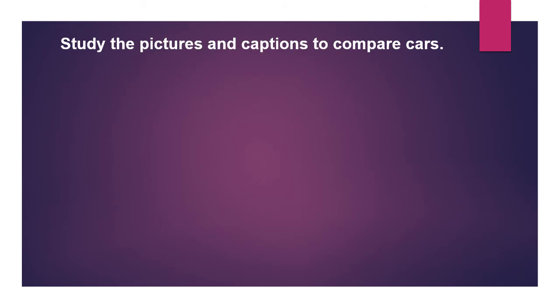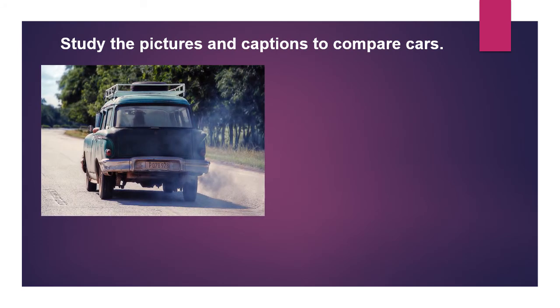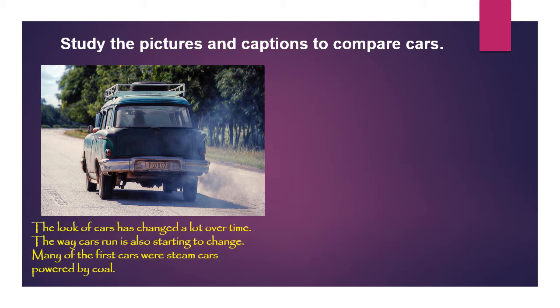How these resources are used, even for all our cars. Study the pictures and captions to compare the cars. Look at this first one. I don't think we have this one on the road again, but we'll start from here. The look of cars has changed a lot over time.